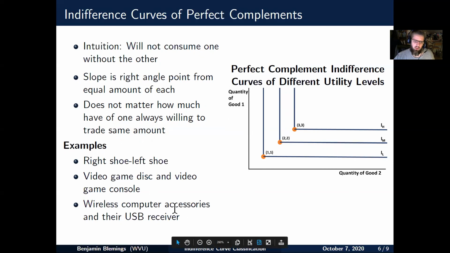Some other examples I could think of off the top of my head would be a video game disc and a video game console. So you have one PS2 game, you need one PS2 to play it. And same thing, I'm using a wireless mouse here, and I can only use this one wireless mouse with one other wireless receiver. And so I need to consume them in the exact same ratio.